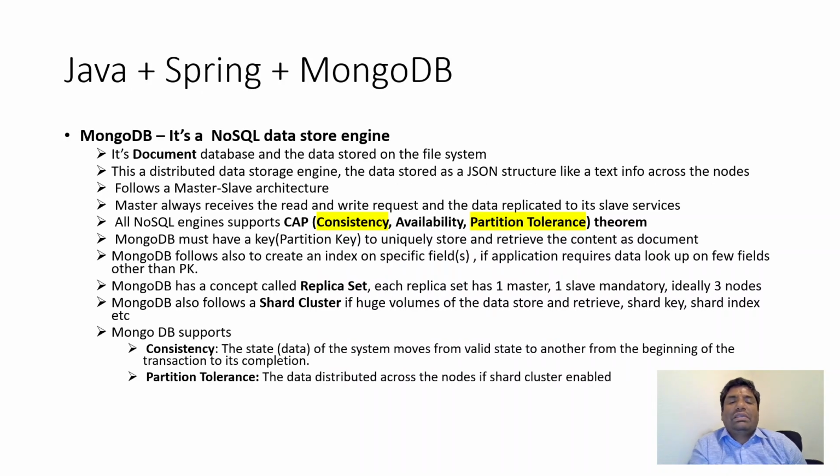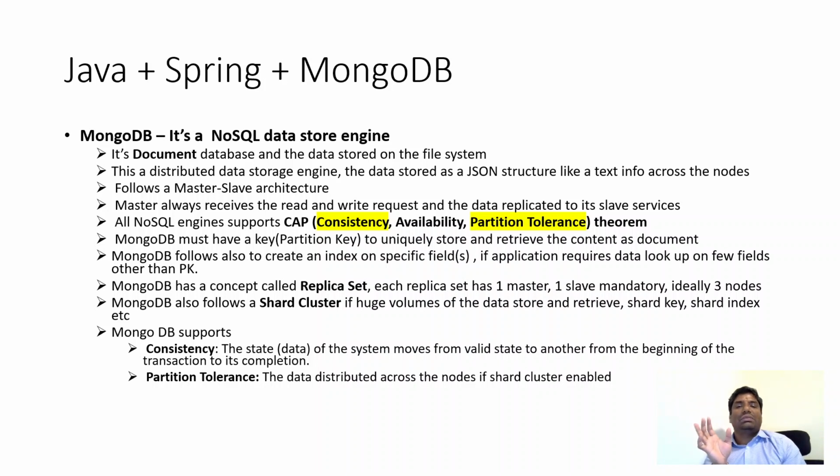Now let's dive into MongoDB. So MongoDB is a NoSQL data store engine. That means the content is stored as a document underneath a file system. So this is a distributed data storage engine. That means your data gets split across the nodes and stored.